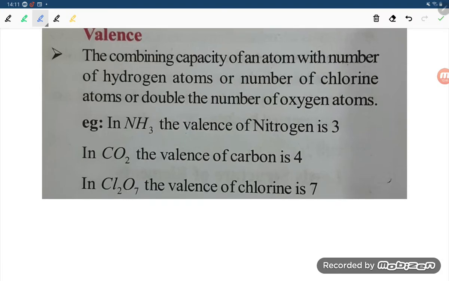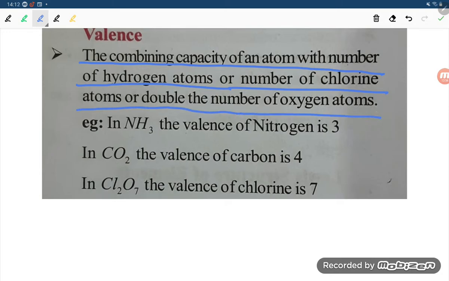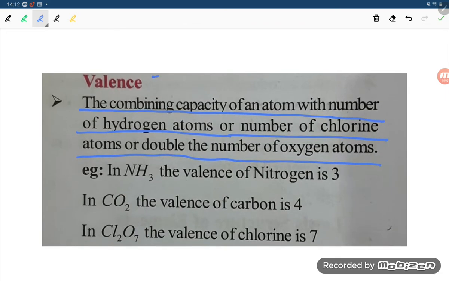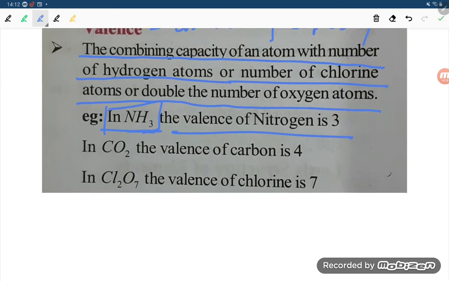For example, student, the combining capacity of an atom with a number of hydrogen atoms, or a number of chlorine atoms, or double the number of oxygen atoms is known as valency. This is a very old definition, okay. Valency is simply combining capacity. If you see, nitrogen combines with 3 hydrogen, so its valency is 3.